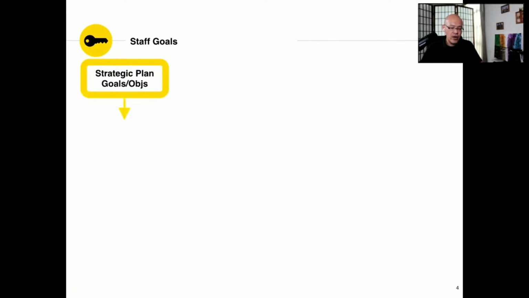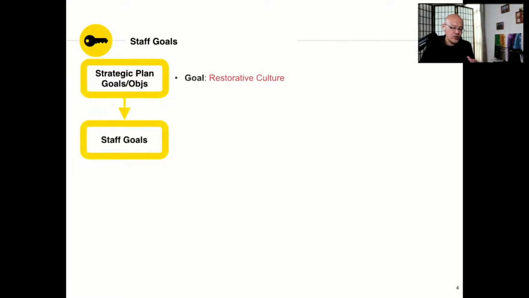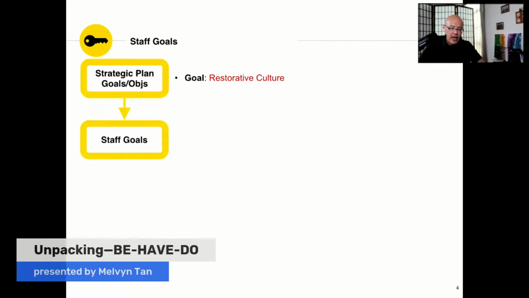So let's look at how you would actually implement that, and let's look at some things for you to think about. The example that I have here is for a school that wants to have a restorative culture. Now, this is taken from an actual school itself, so some of the details have been dropped to mask the identity of the school for obvious reasons. So the way to think about this is that the school wants to have a restorative culture.